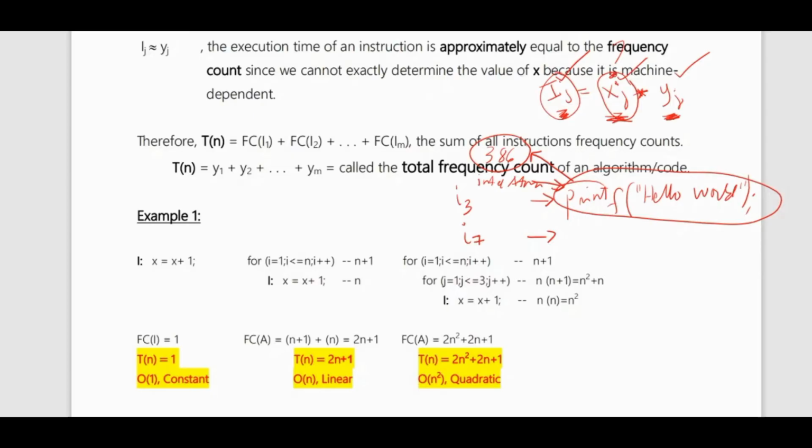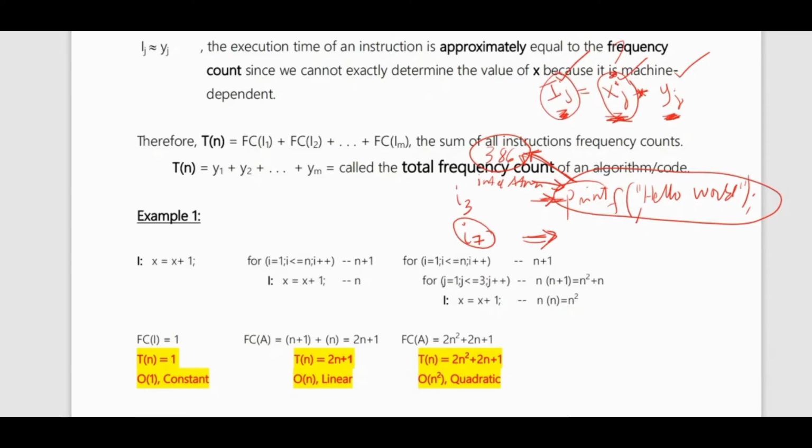As we discussed last time, there are 5 factors that affect the running time of a program or an algorithm, and one factor is the computer hardware specifications. If you run that program on a fast, high-speed processor, the running time would be less compared to running it on an old computer with a slow processor.